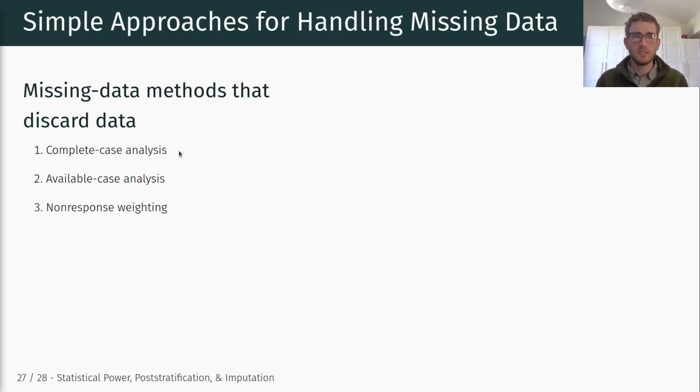First, we can just run a complete case analysis. So that means we exclude all units for which the outcome or any of the inputs are missing, and this is the default if you run a linear model or logistic regression with a data frame. What we're doing is usually listwise deletion.